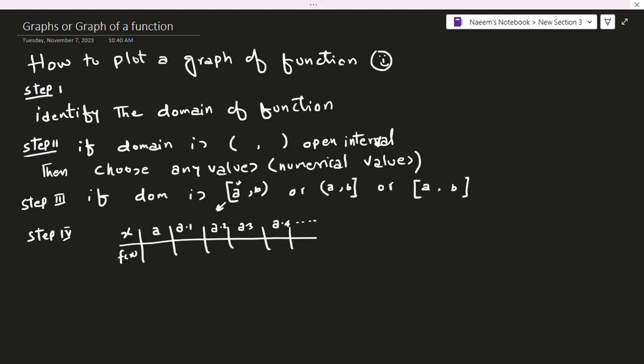Put these values in this function and you will obtain f of a. Put this value x equal to a.1 in this function and you will have f of a.1. Say this is an example. This is the theoretical concept. So you will obtain these values.